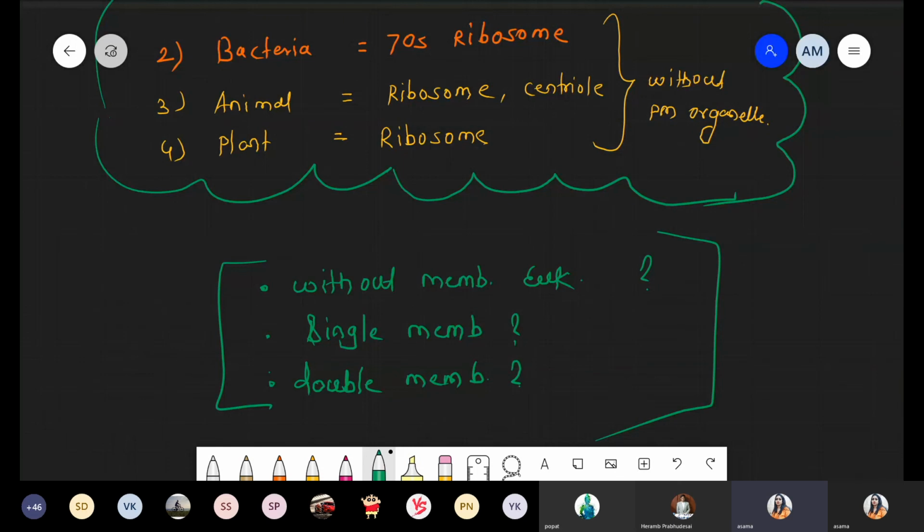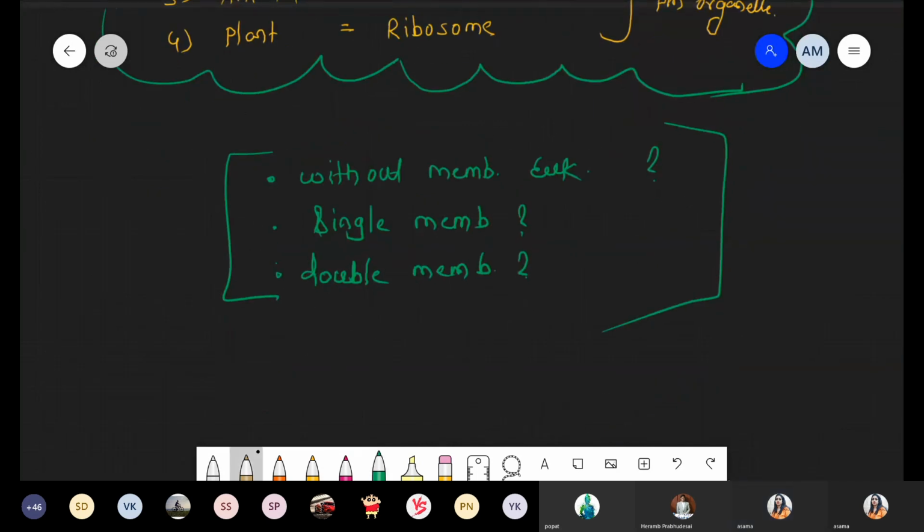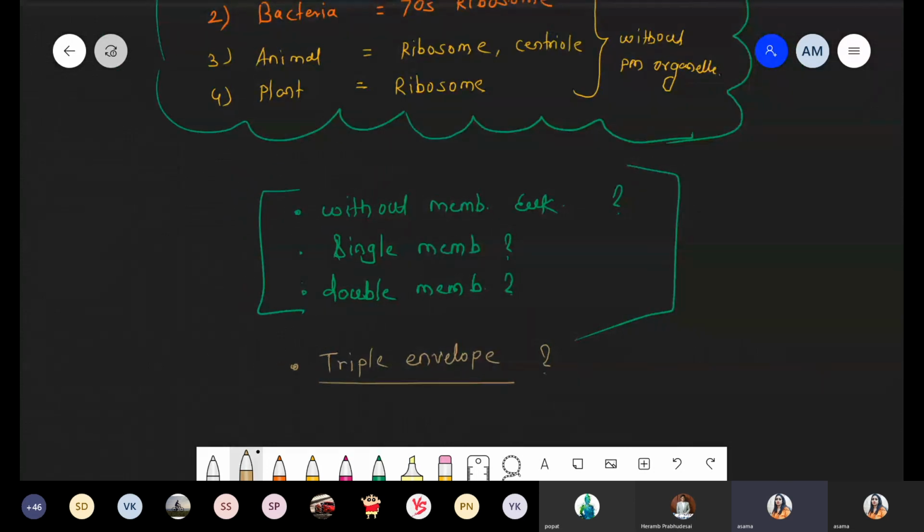One more question: how many organelles consist of a triple envelope? I'm not saying plasma membrane, I'm saying envelope. So these are the 4 questions, the homework for today: without membrane, single membrane, double membrane, and triple envelope. This part is over. Yes or no?